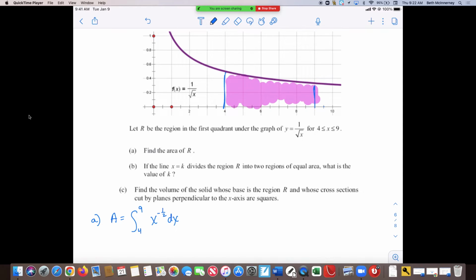This is a no-calculator problem, so let's not touch the calculator on this one. Go ahead and find the area. I'll give you a brief head start. Go ahead and integrate and evaluate.